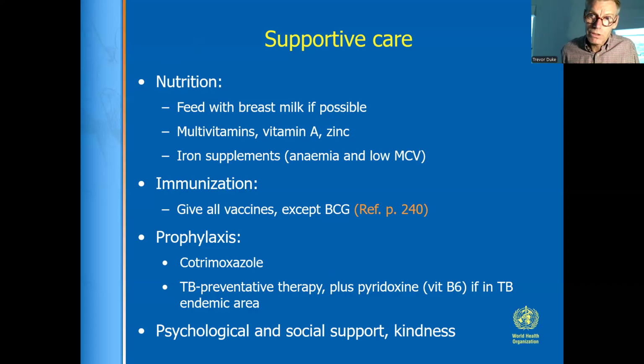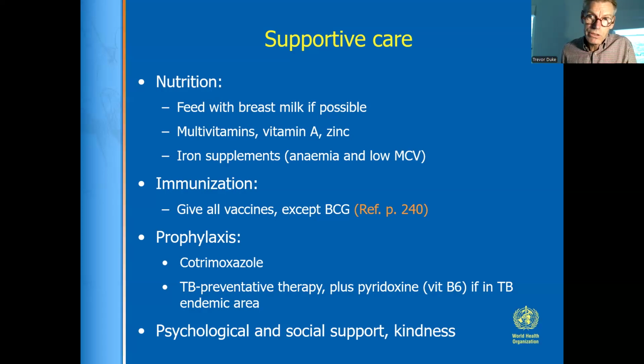So Thomas was able to continue breastfeeding and improve his nutrition with micronutrients and vitamin A and zinc, and just improving his diet. And he had anemia and a low MCV, so he's got iron deficiency anemia. His hemoglobin was 8.9, so he needs to be on iron supplementation.